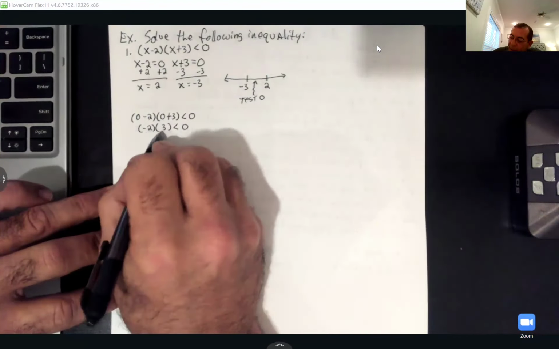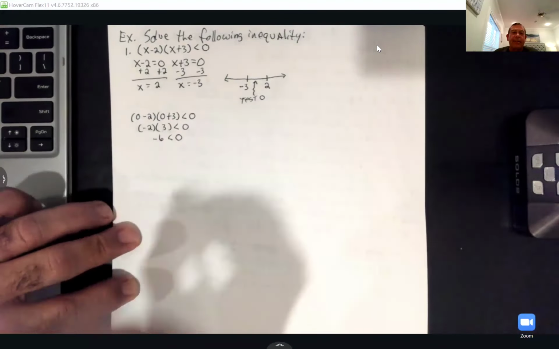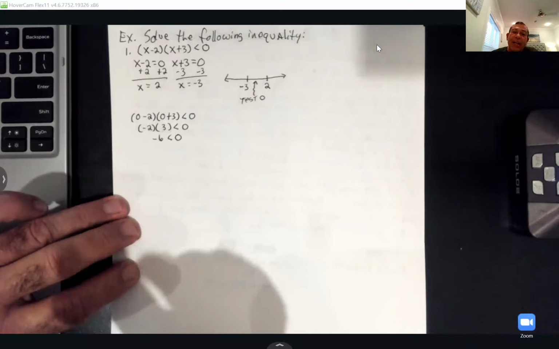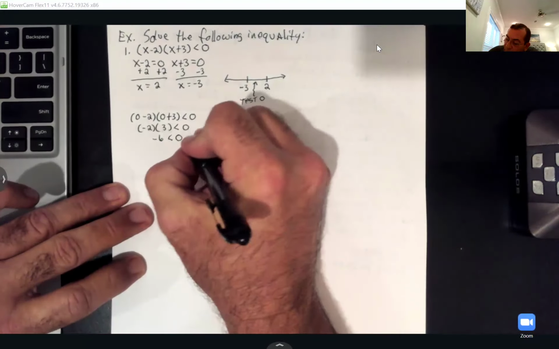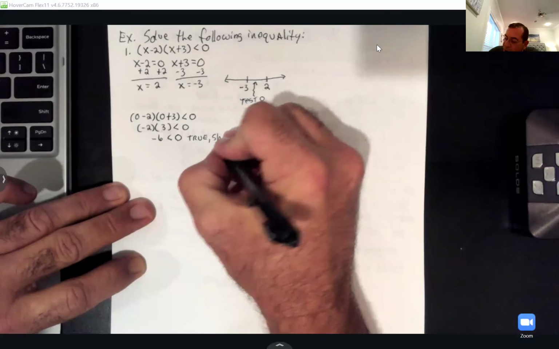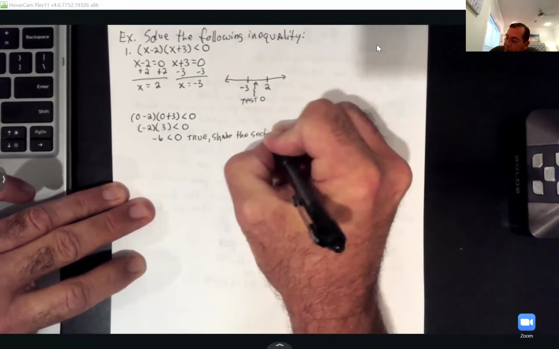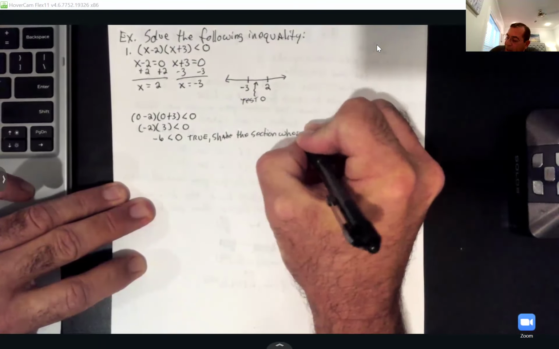And y'all look at that. -2 times 3 gives me -6 less than 0. That is true. So since that's true, I'm going to shade the section where 0 is located.